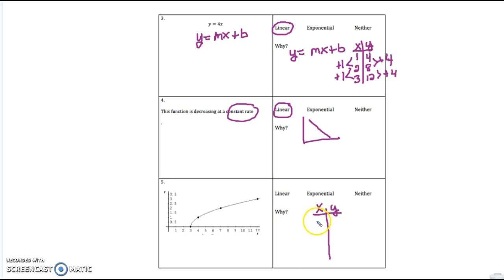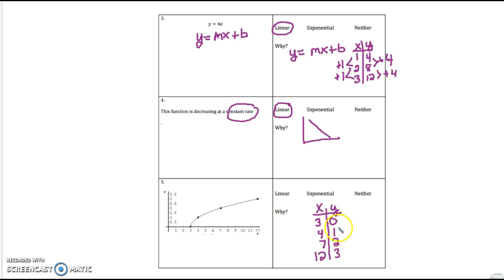If I have 3, I'm at 0. If I have 4, I'm at 1. If I have 7, it looks like I'm at 2. And if I have 12, it looks like I'm at 3.